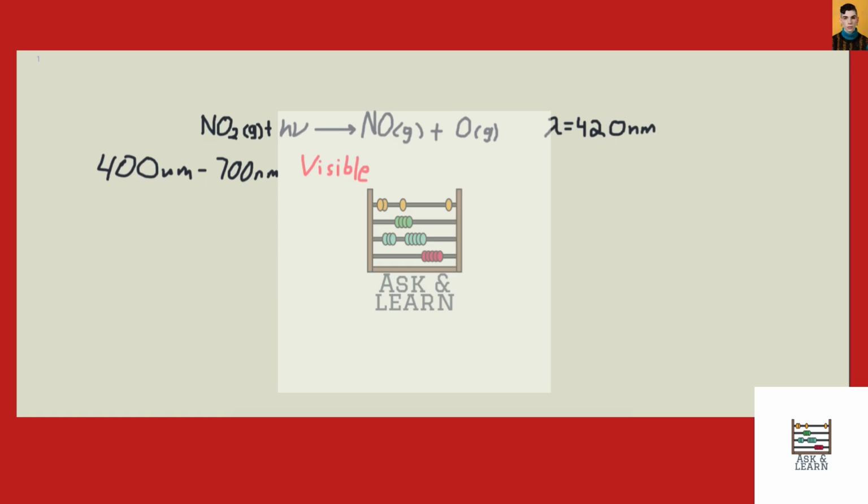Right, so that's approximately where the visible spectrum is. Now, what is the maximum strength of bond in kilojoules per mole that can be broken by the absorption of a photon of 420 nanometer light?